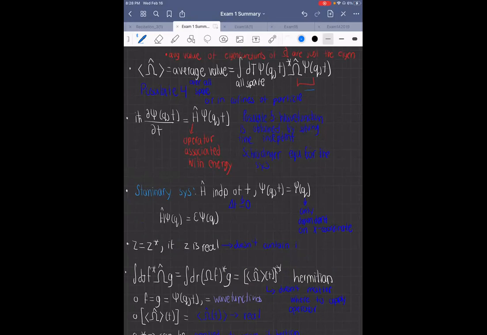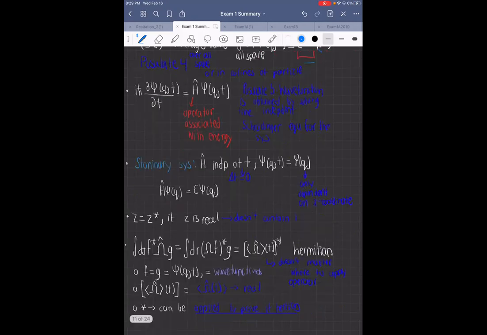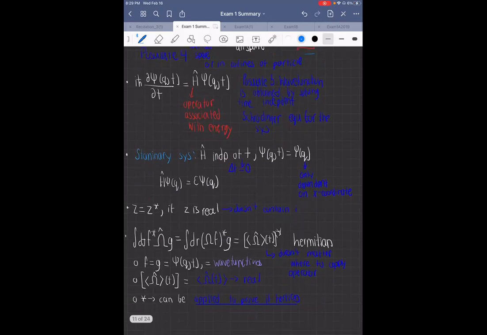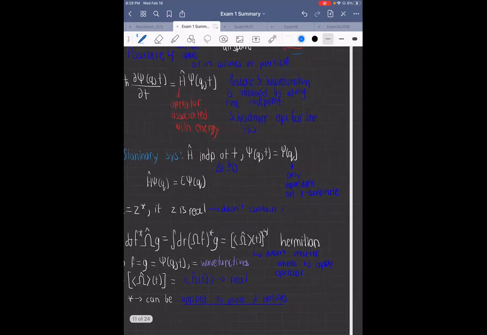So if I were to apply the operator, let's say I take the derivative of this, then I multiply by the original wave function, and then I integrate over all space. And then let's see what else we got. Stationary system. And also to make sure, actually, I think that's pretty much it.